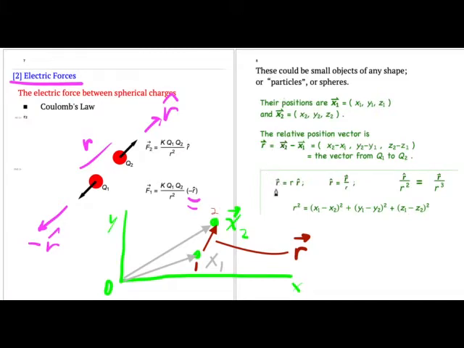R, the vector, I indicate it's a vector by putting an arrow over the symbol. R, the magnitude of the vector, is just the length of the vector. R is not a vector because it doesn't have an arrow over it. It's the magnitude of the vector R. In other words, it's the distance from q1 to q2.